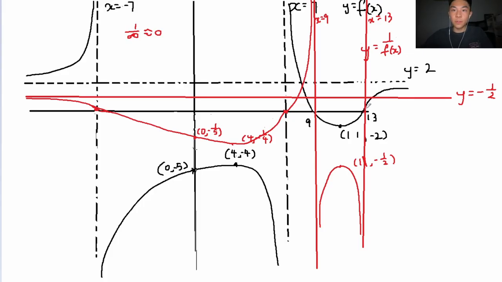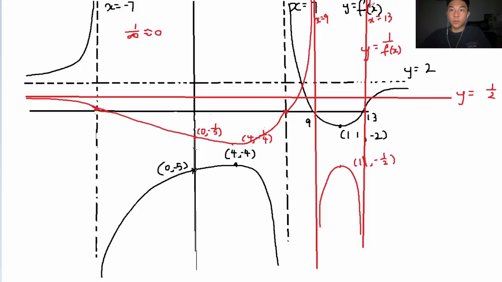All right, this part. 1 over a really small positive number, we get a really, really big positive number too. And then, again, this graph approaches y equals 2. So we know that it will approach y equals half.